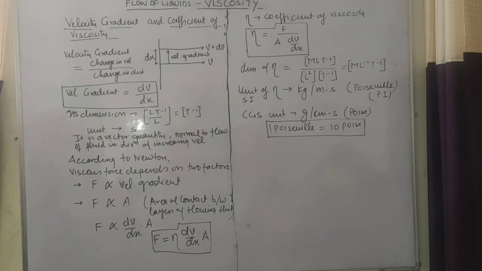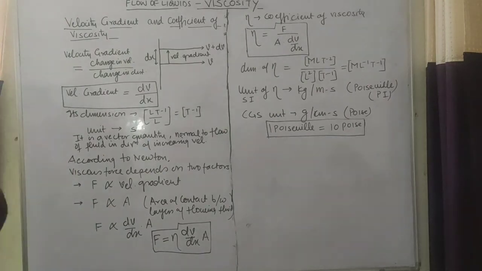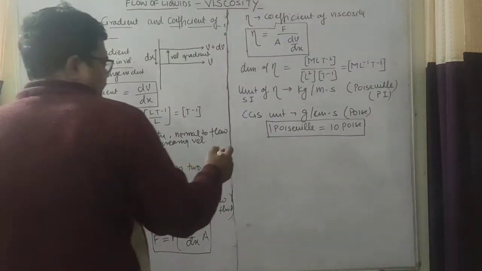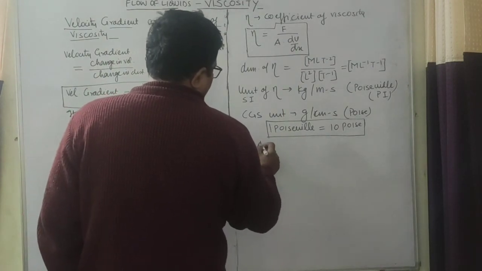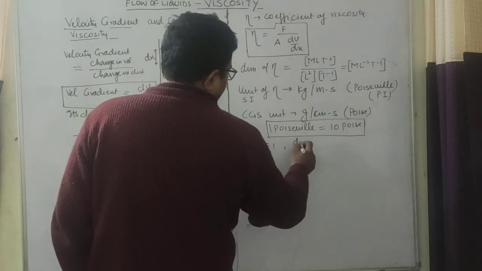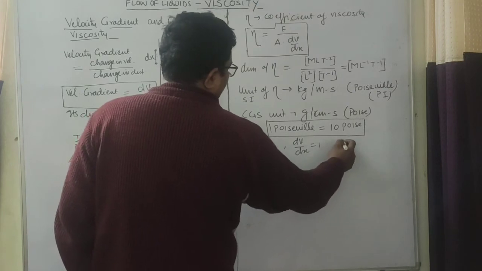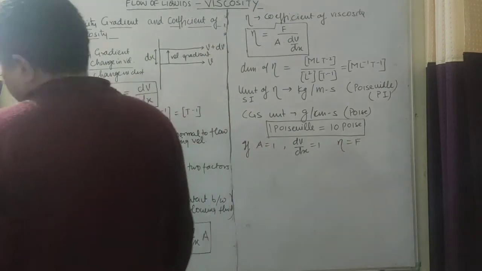Now, how will you define coefficient of viscosity? So here, if A is 1 in this formula and dV by dx, velocity gradient, is also 1, then coefficient of viscosity is equal to force, viscous force.